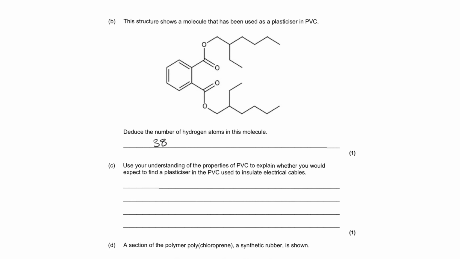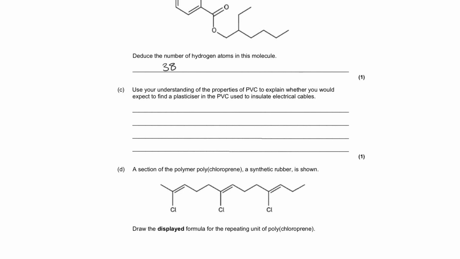Okay, part C. Use your understanding of the properties of PVC to explain whether you would expect to find a plasticizer in the PVC used to insulate electrical cables. Well, because of the nature of electrical cables, they're flexible. I would say yes, I would.